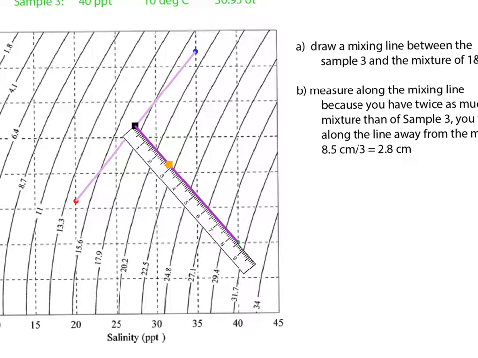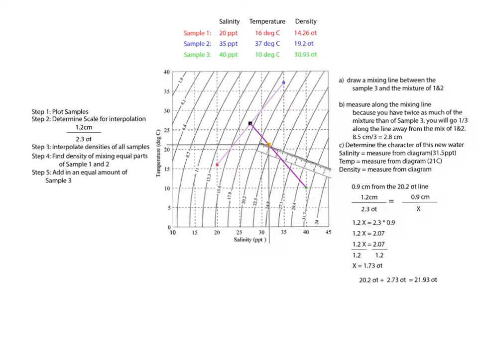And so our new solution, with 100 milliliters of sample 1, 100 milliliters of sample 2, and 100 milliliters of sample 3, can be found right here in this location. To calculate the final salinities and temperatures and densities, we need to read right off the graph.